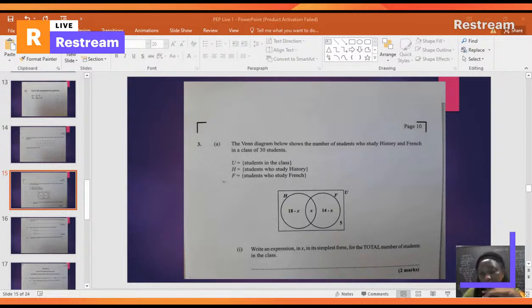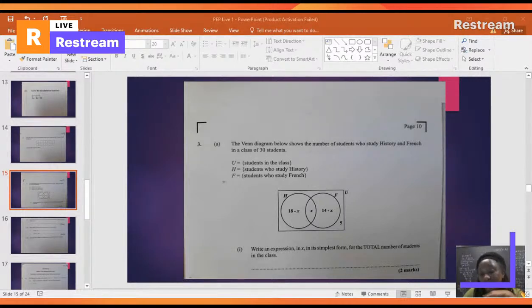So it stands to reason if X represents those who do both, and 18 people do history, then history alone would be 18 minus X. And if the number of students in F is 14, then F only would be 14 minus X, right?